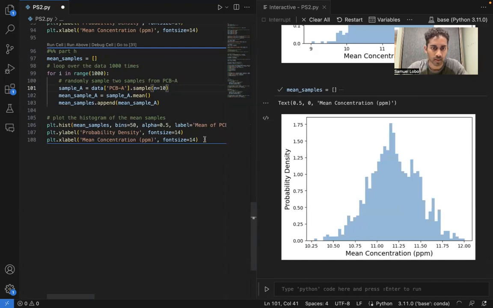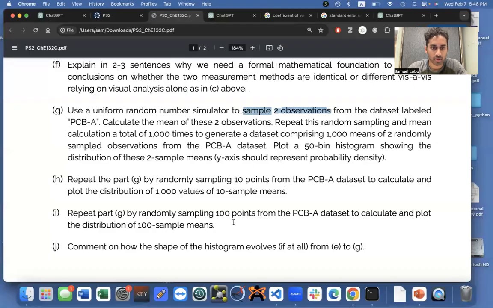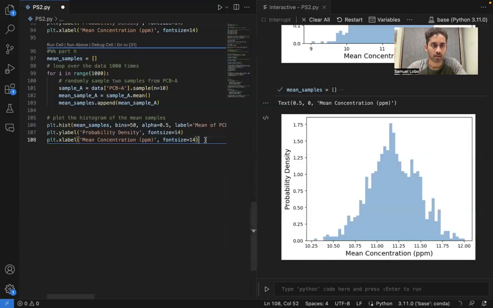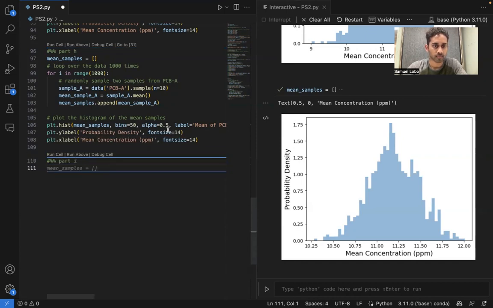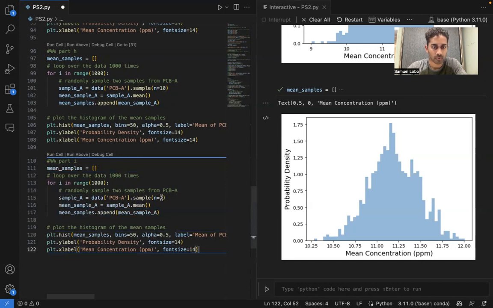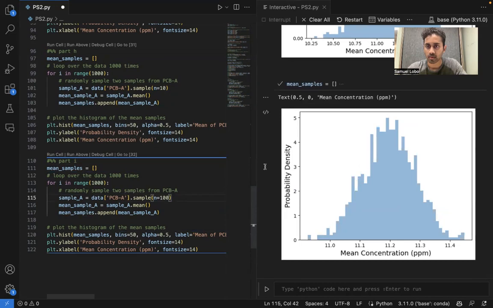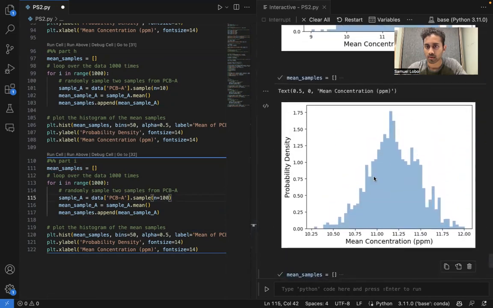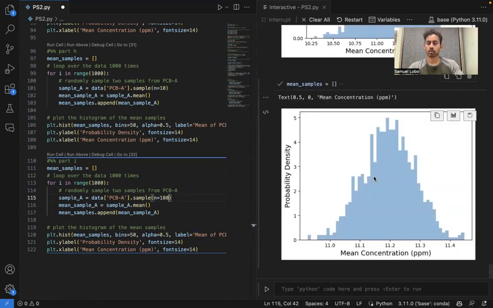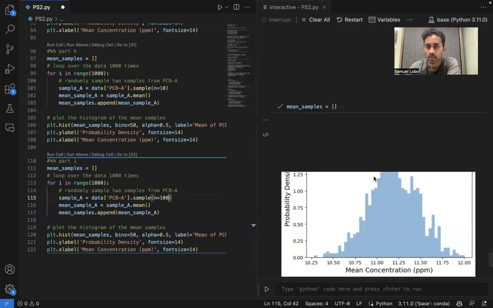And then it wants us to do it again with 100 points. Okay, so that looks right.